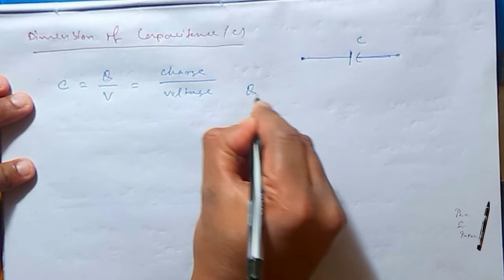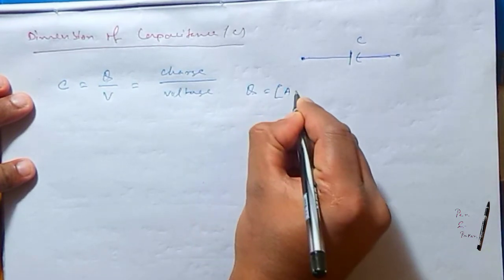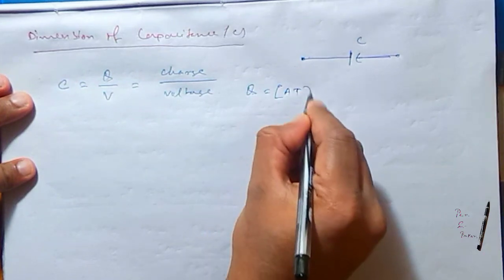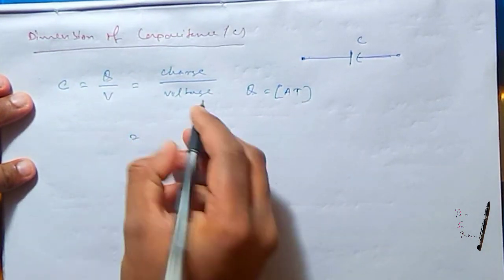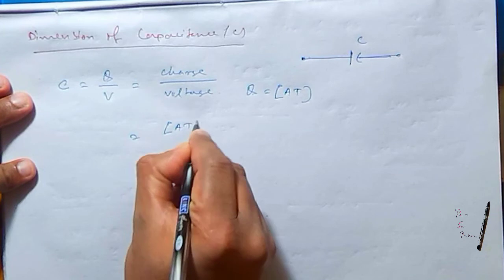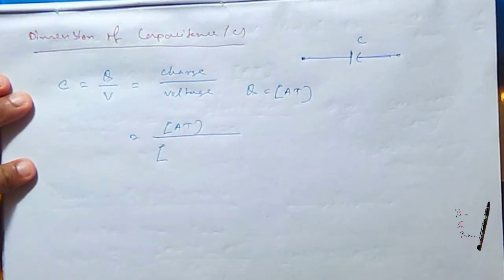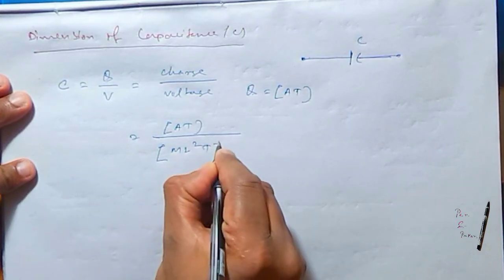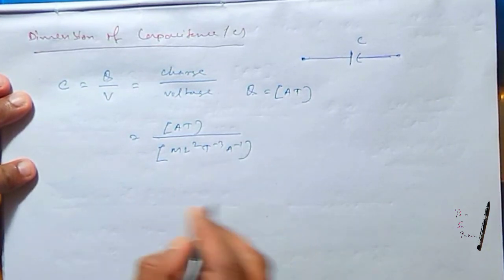The dimension of charge, we previously discussed: charge is AT, and voltage is M L square T inverse 3 A inverse 1.